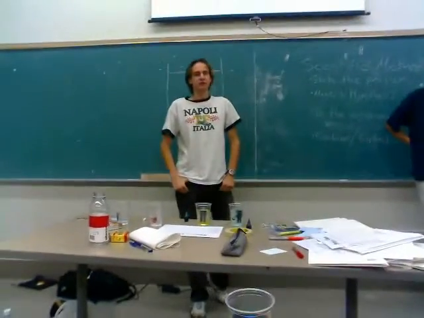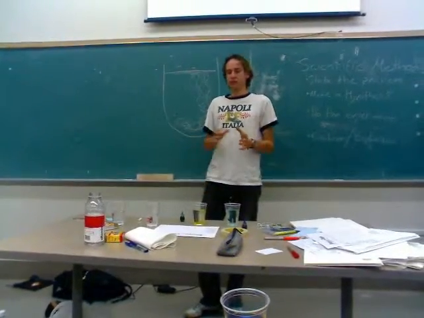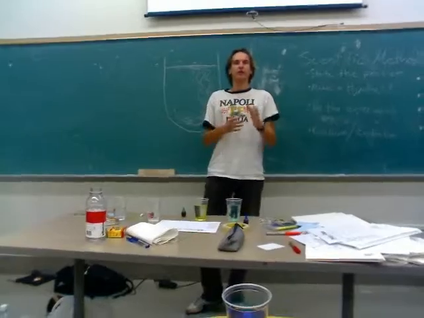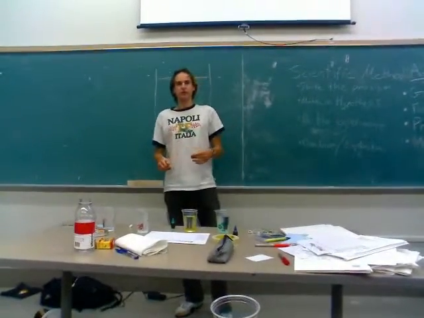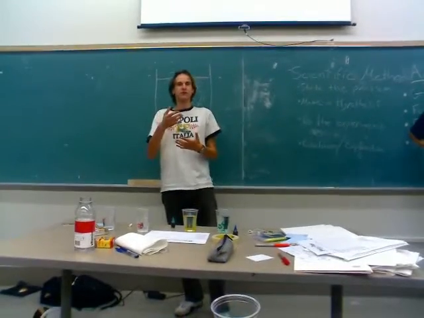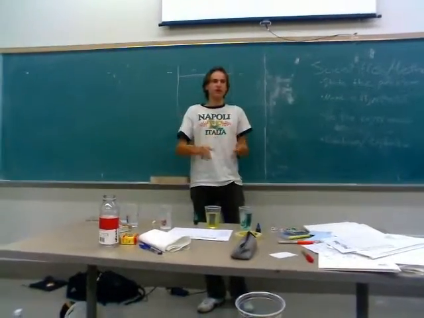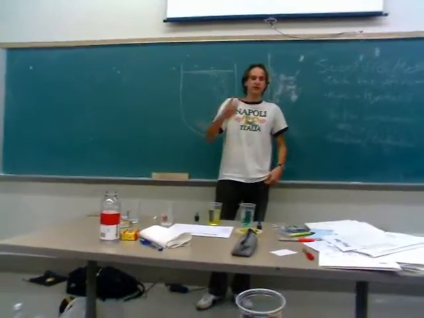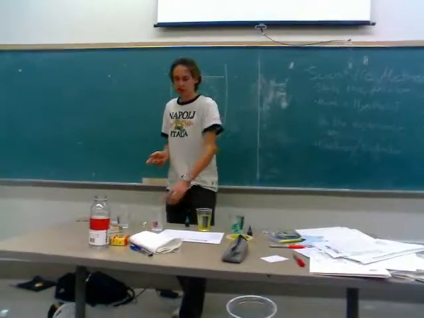So some of the scientific stuff you can talk about in this experiment are diffusion, which is sort of the movement of the dye in the water and how it spreads in the water. You can talk about density, so if a solution is dense, like if you add a lot of salt, the solution will become really dense, and then the dye, instead of sinking to the bottom, will rise back up to the top. Same thing works for sugar.